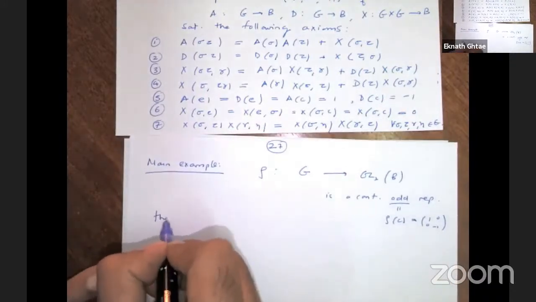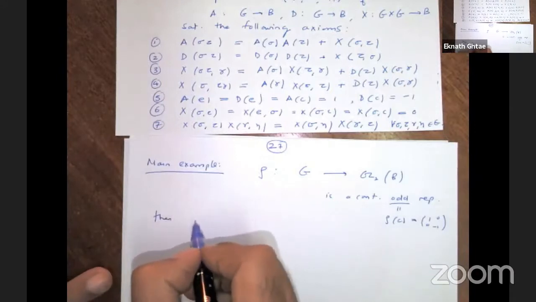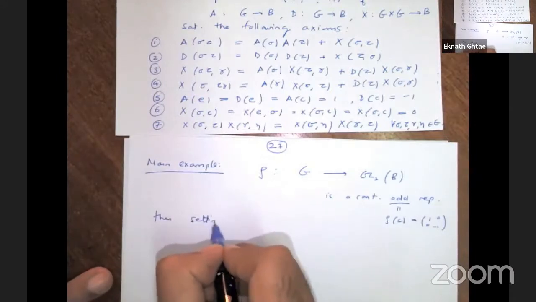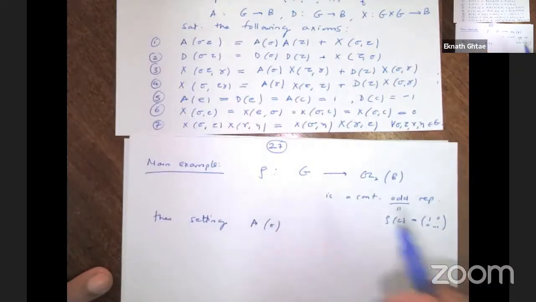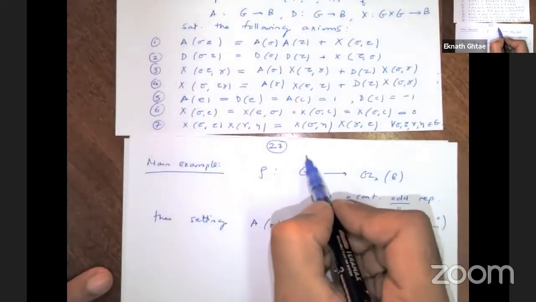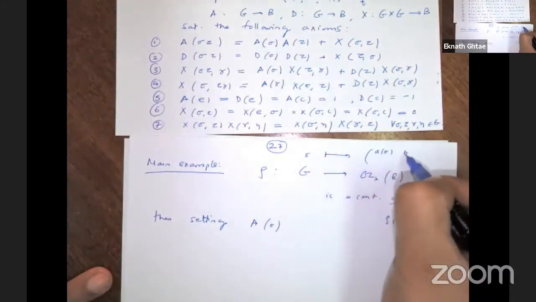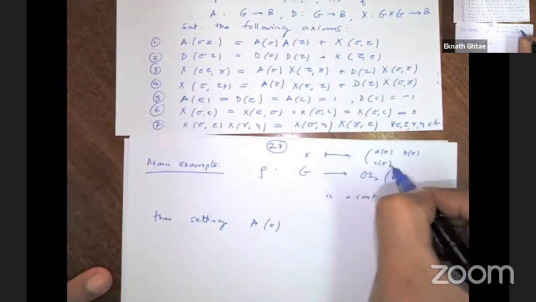And then setting A of sigma. So let's assume that sigma goes to A of sigma, B of sigma, C of sigma, D of sigma.